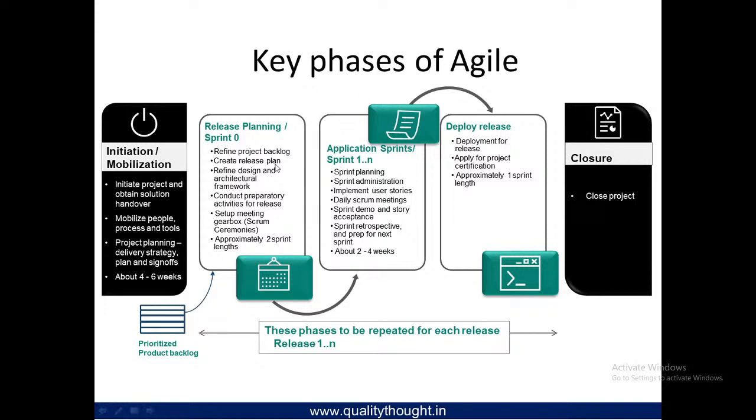Then every release has a series of sprints. Every sprint outcome will be demoed to the customer, and the final sprint of the release is deployed to the customer. If all the releases are complete as per your agile delivery strategy or agile release plan, then the project will be closed.